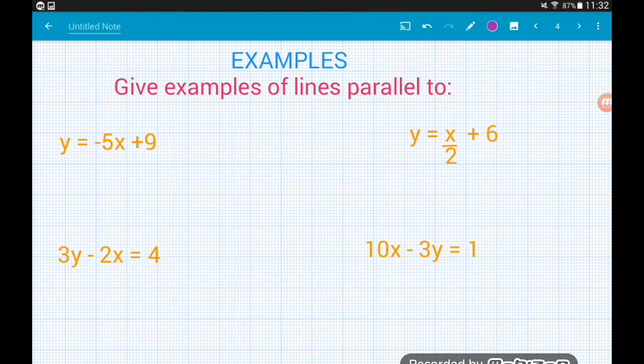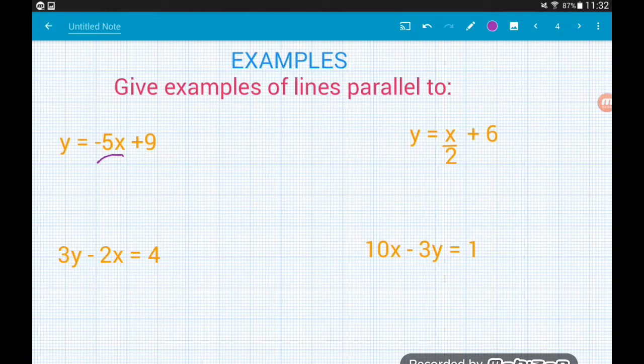So let's run through these examples then. Give examples of lines parallel to, first of all, y = -5x + 9. Well, we need to find the gradient. That's nice, that's -5. It's important to remember that any line has an infinite number of parallel lines.